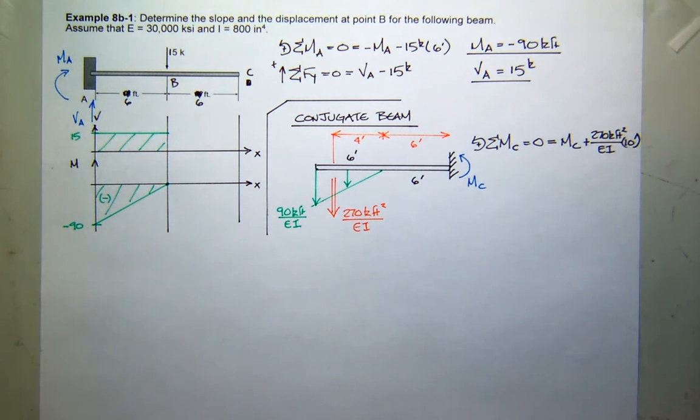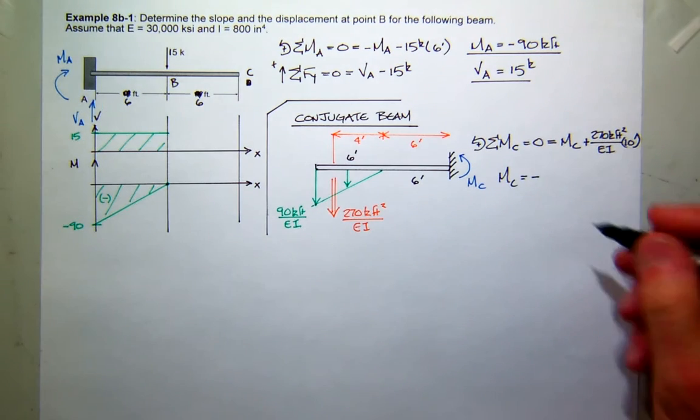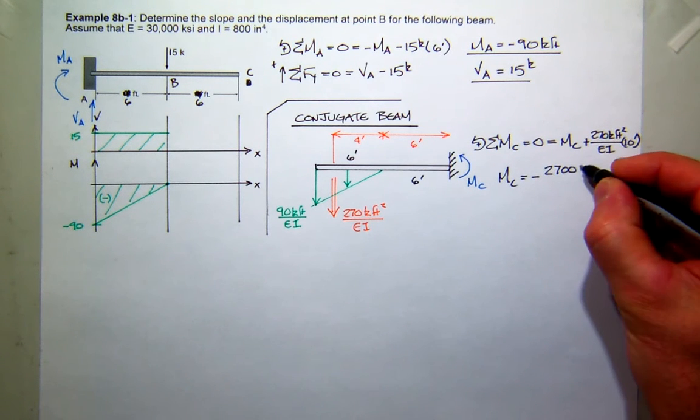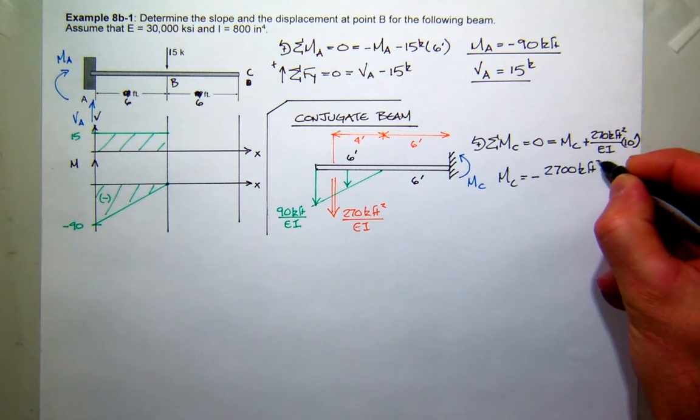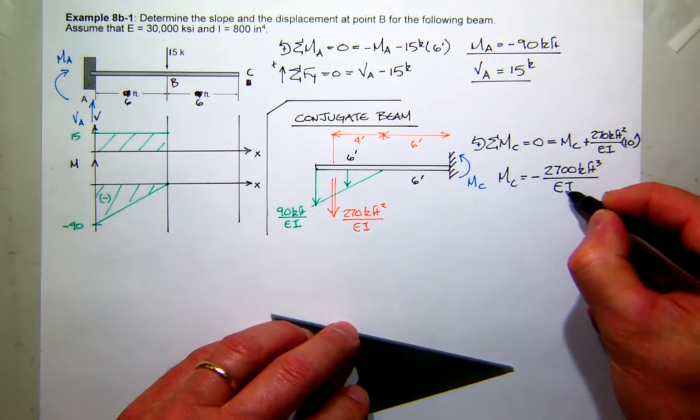Sorry. So it looks like the moment at C is negative 2,700 kip feet cubed over EI.